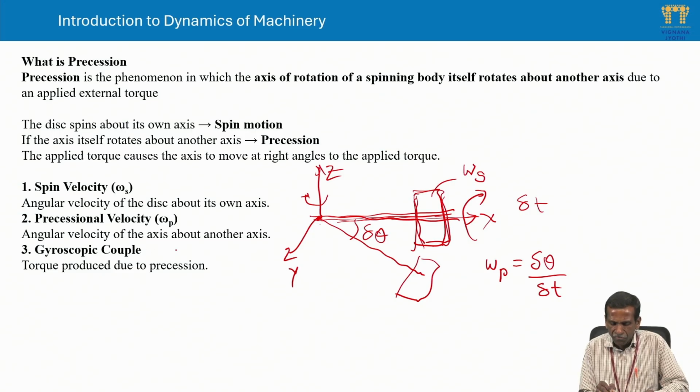The angular velocity of rotation of the axis about another axis is called the precession angular velocity, and the couple produced due to this precession is called the gyroscopic couple. The applied torque creates the gyroscopic couple.